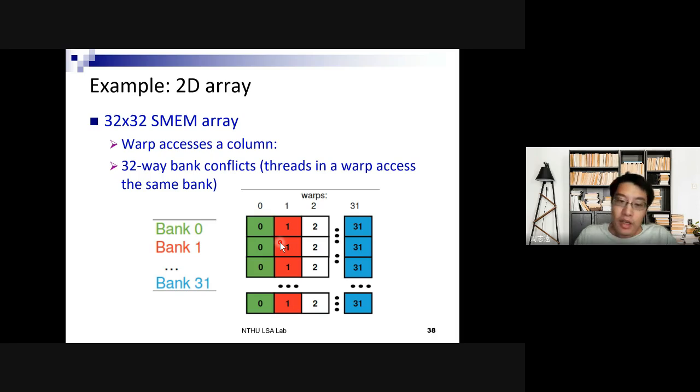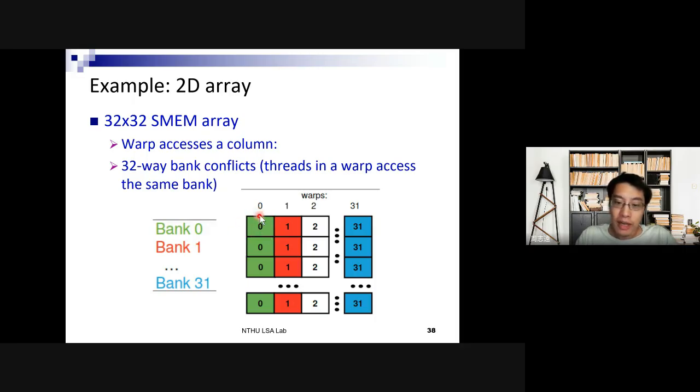However, let's say the matrix happens to be a 32 by 32 matrix, and the number of banks on shared memory is also 32. The color here indicates which bank the data element is stored on.